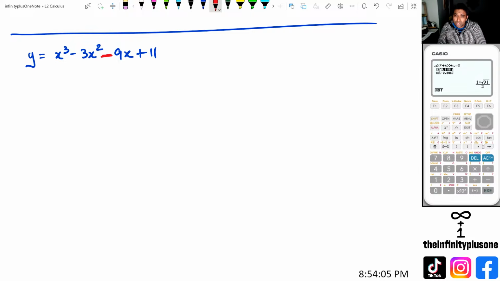For a cubic, you will definitely get 2 turning points. You can get 1, but that's usually called a point of inflection, which we'll talk about later. Elliot, what you need to do is differentiate, put it equal to 0, and you'll get your 2 turning points. I knew I made a mistake with that. x cubed minus 3x squared.